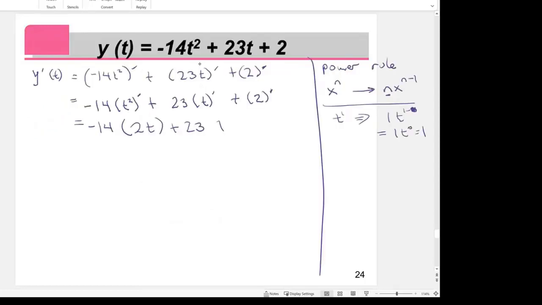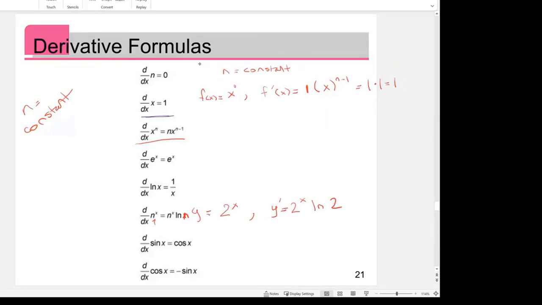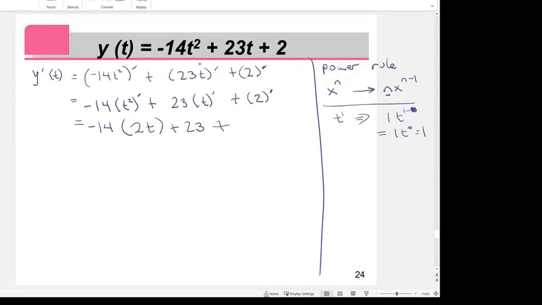And then plus, well, the derivative of a constant, we've also talked about that. The derivative of a constant is always 0. So if I go here, this just disappears. When I take the derivative of a constant, it just disappears. So I really have plus 0.